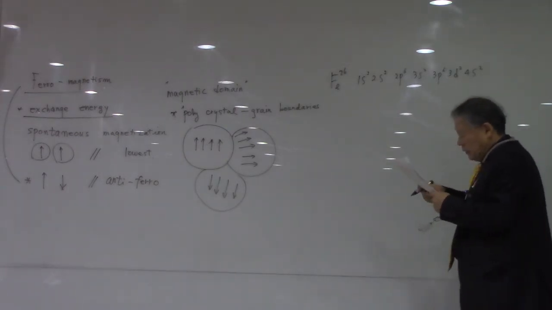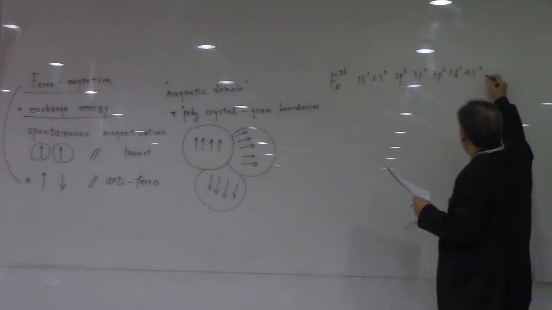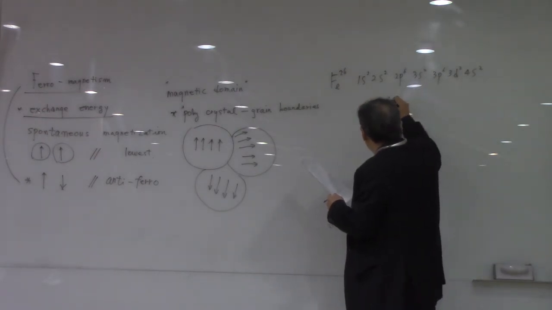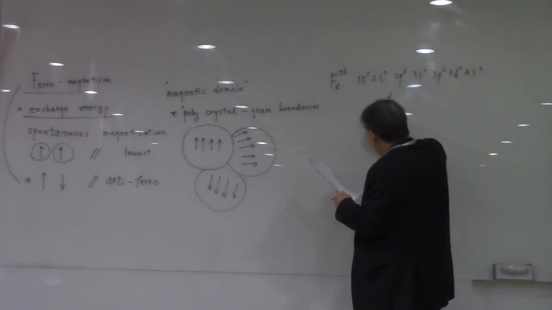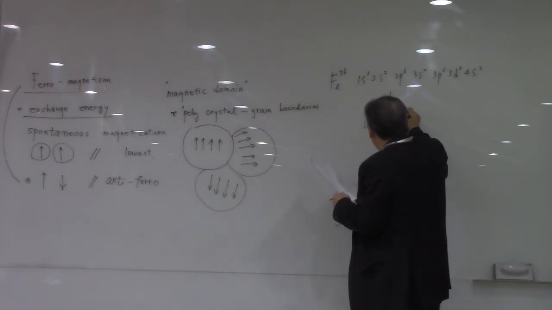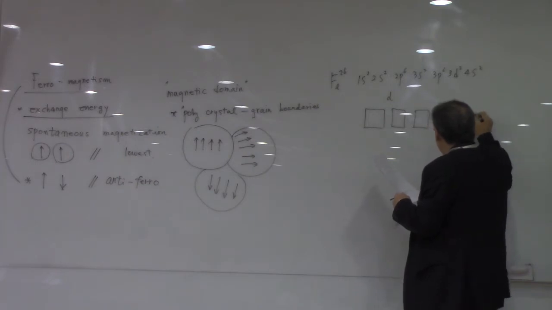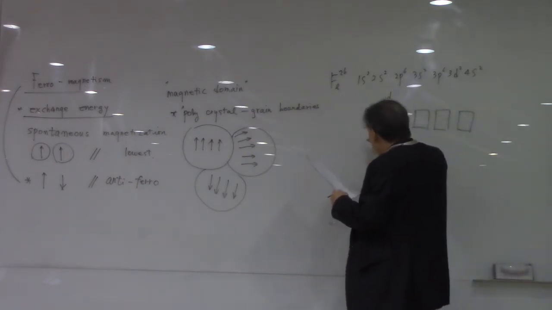You all know this, Hund's rule and so on. If you draw the d shell, you are going to have five orbitals.